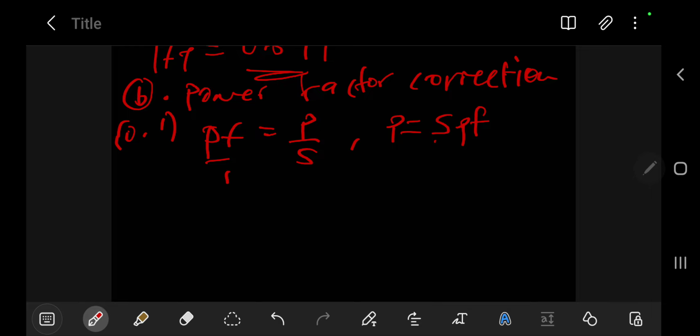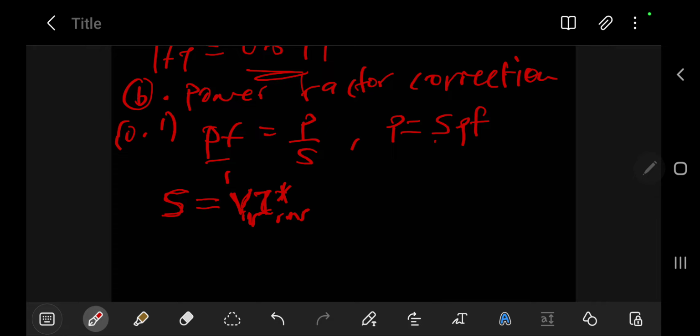But we know that apparent power is just in fact equal to the magnitude of the complex power. So now we know that complex power is just V RMS times the RMS value of the complex conjugate of the current. All these are just in phasor domain.